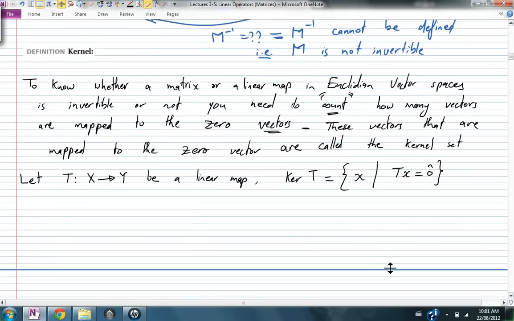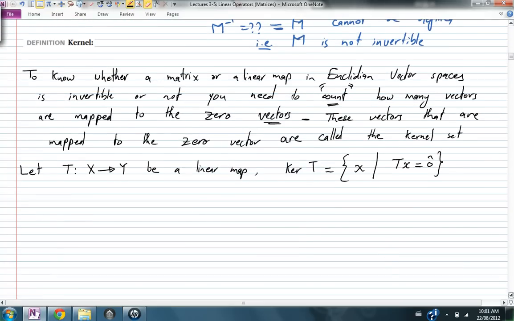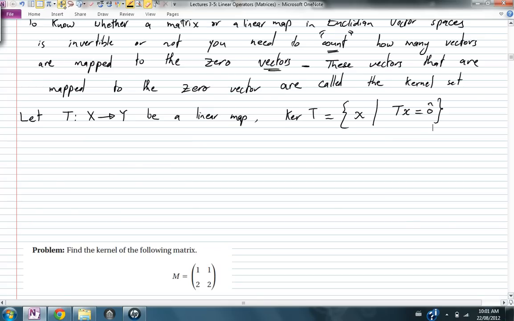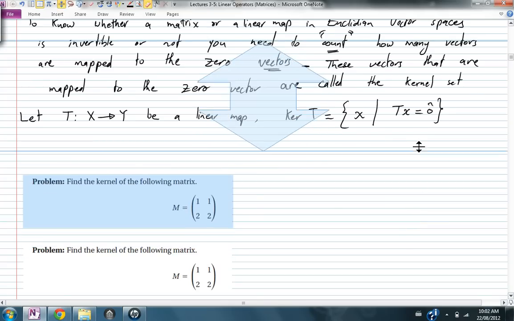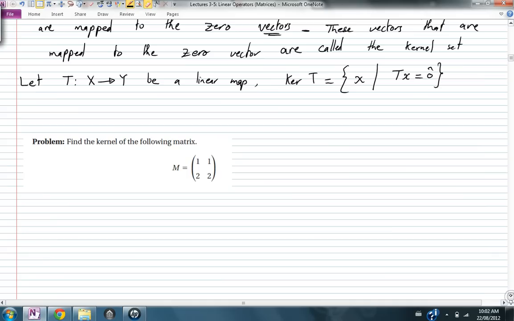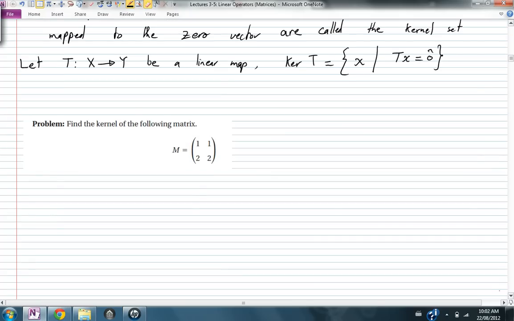Let's solve an example. Find the kernel of the following matrix. We need to find the set of vectors for which M will map these vectors to 0. So M is equal to this matrix, 1, 1, 2, 2.